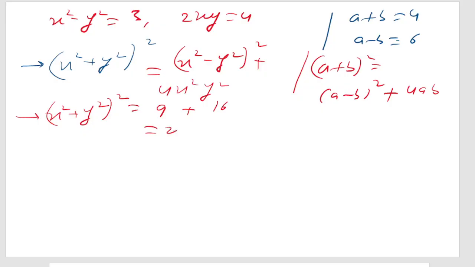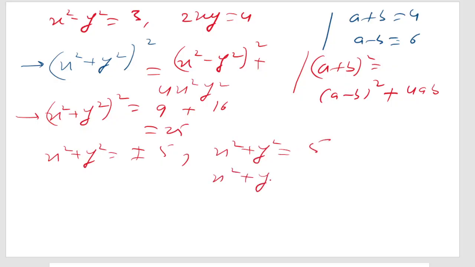So that is 25. So I will get x square plus y square is equal to plus or minus 5. Mind it, x square plus y square could be 5 or minus 5. Even though we are solving a complex number, x and y are purely real numbers. y is not the imaginary part; i is the imaginary unit, and x and y are real.